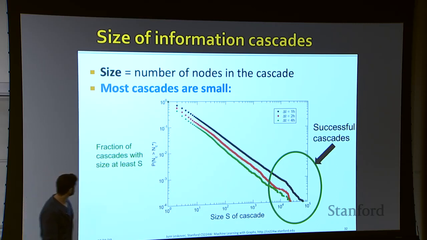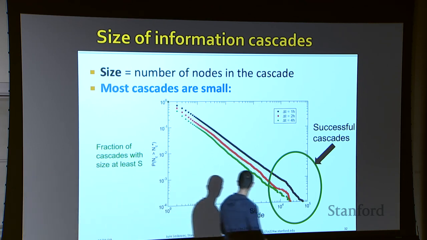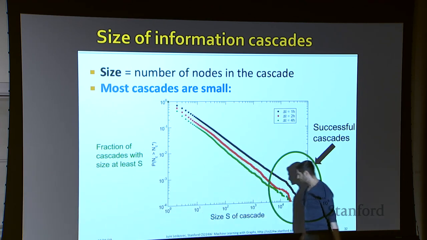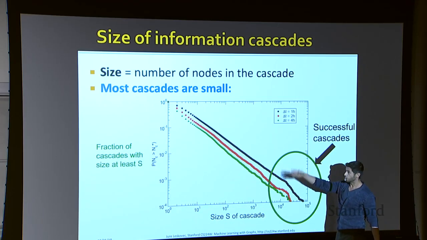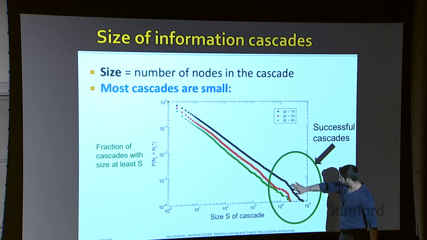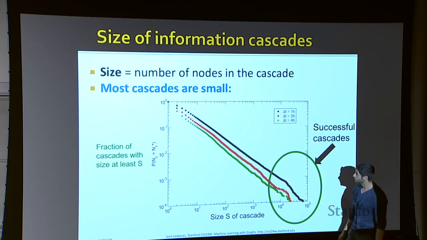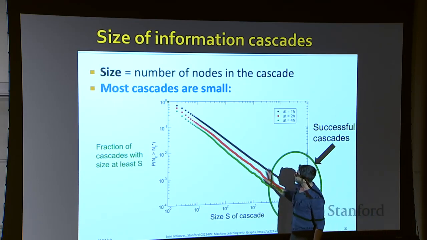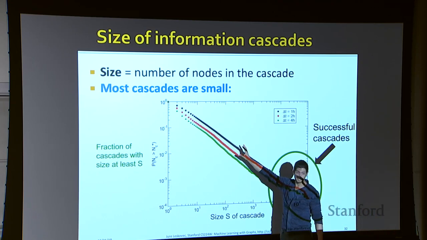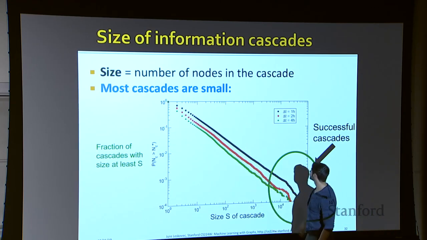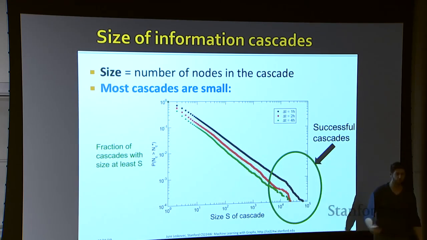As you can see here, on the x-axis we have the size S of our cascades. This is a log-log plot, and clearly there are just a few of them that are extremely successful and very large, but then as usual there is a very long tail of short-lived cascades that are still happening. So this reflects the intuition that we just had before. Any questions?